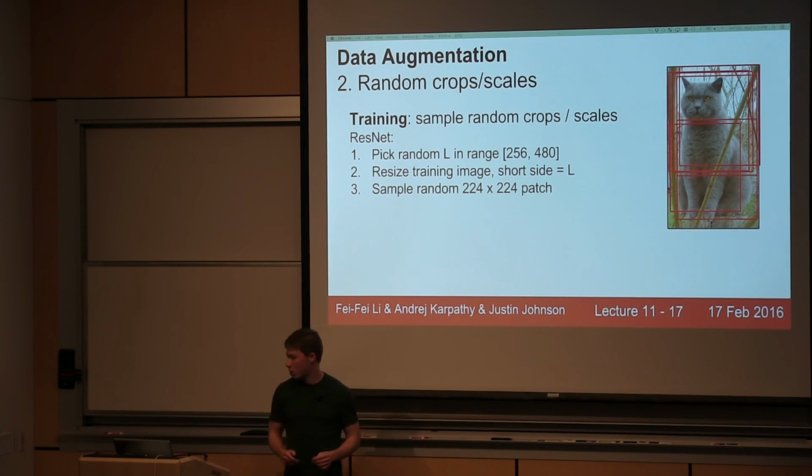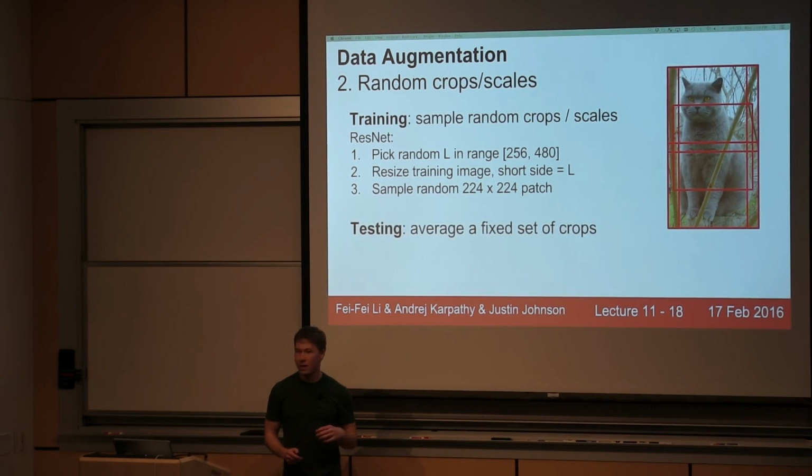When you're using this form of data augmentation, usually things change a little bit at test time. At training time, the network is not really trained on full images. It's trained on these crops. So it doesn't really make sense or seem fair to force the network to look at whole images at test time.